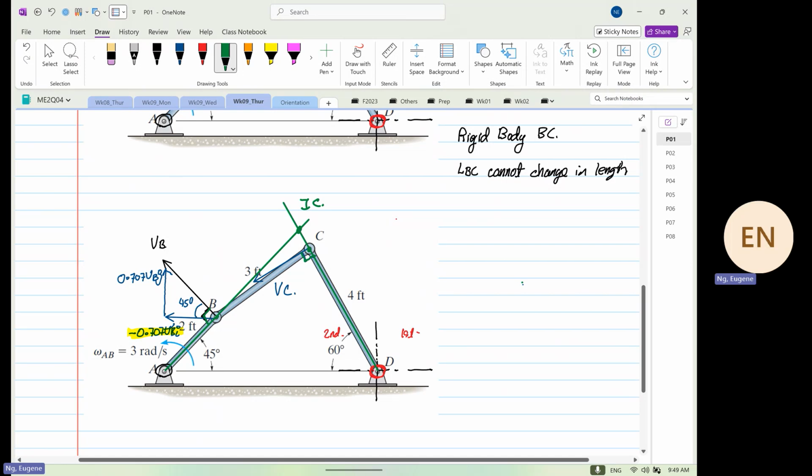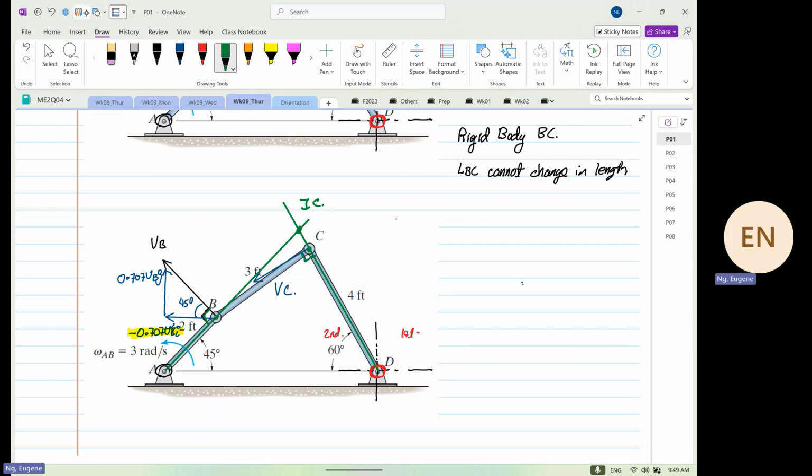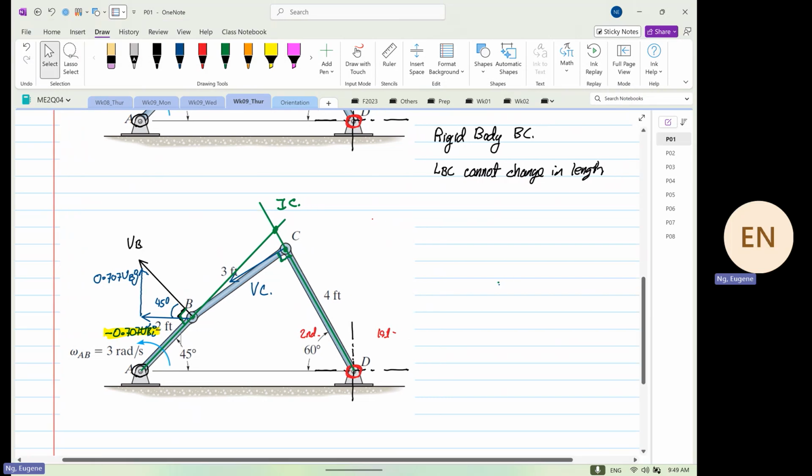So what we are trying to find down here is VC. After we determine VC, we know that VC is equal to omega CD times RCD.